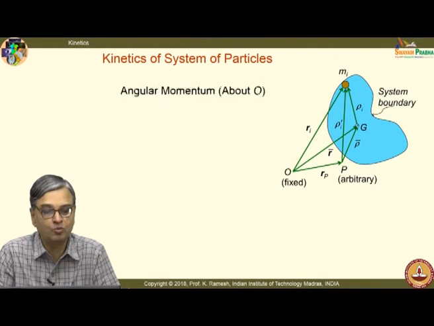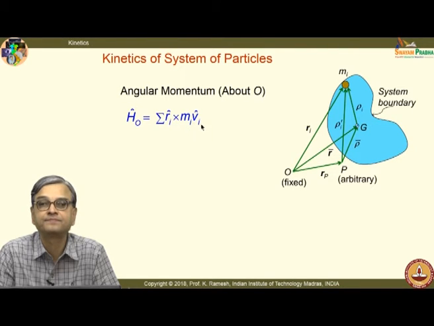Then we can also move on to angular momentum about O. So, I have H naught equal to summation of R I cross M I V I. So, the position vector is R, that is what you refer from O. So, R cross M into velocity.